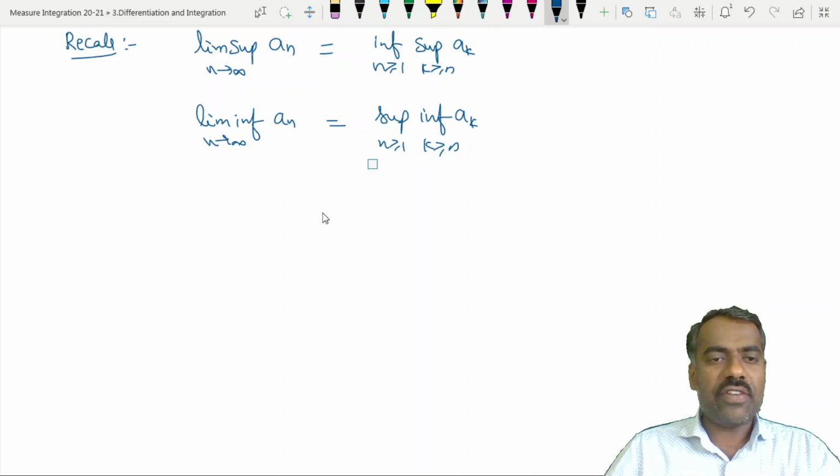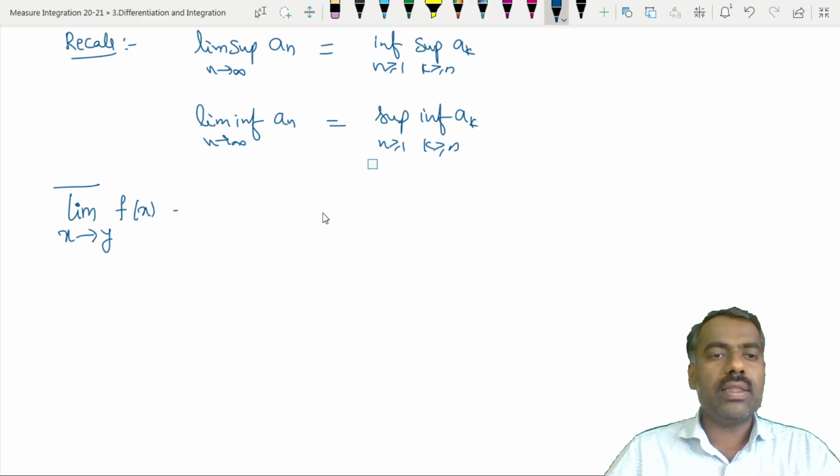Now similarly for f, if f is a real valued function, so if you take f of x, where f is defined over all x, right? Then you can talk about what is meant by this lim sup, or you can call it the upper limit, as x tending to y.